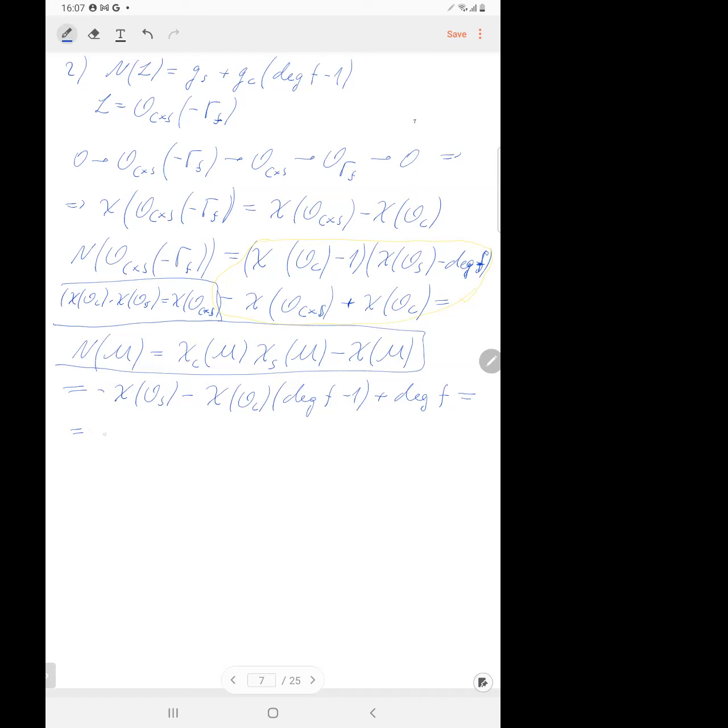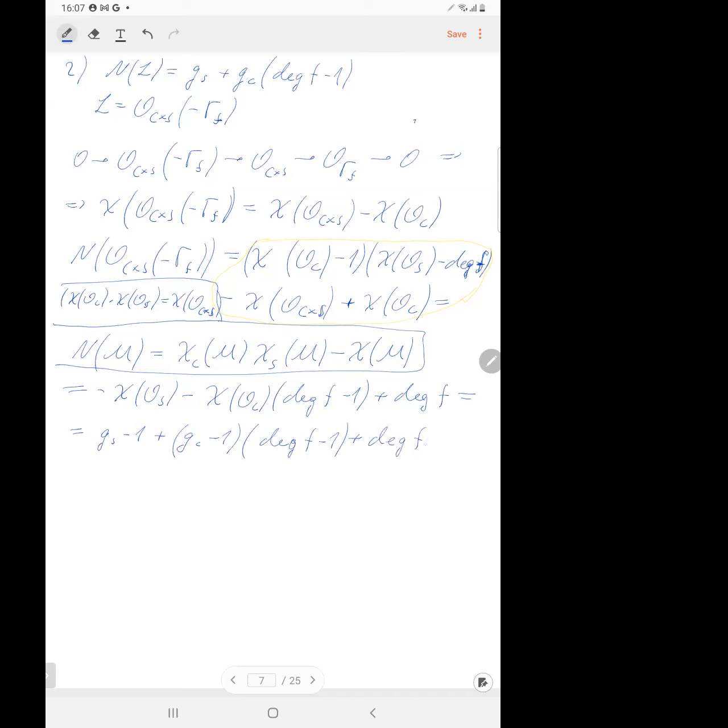So here we get genus of S minus 1 plus genus of C minus 1 times degree of F minus 1 plus degree of F.